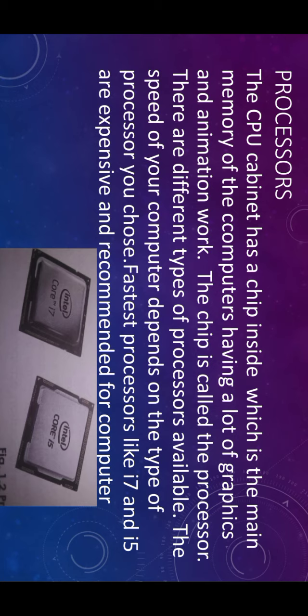Fastest processors like i7 and i5 are expensive and recommended for computer. The gist of this para is your computer speed depends upon the processor which you use. For regular home use, the less expensive Intel Pentium dual-core processor or AMD A4 works well.